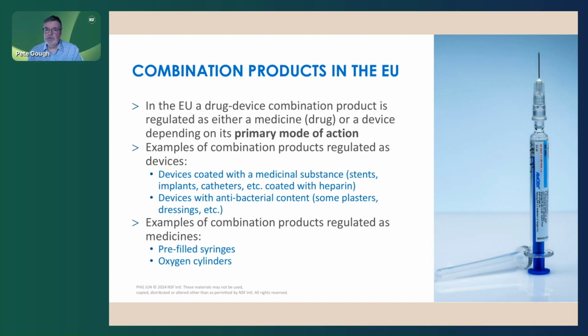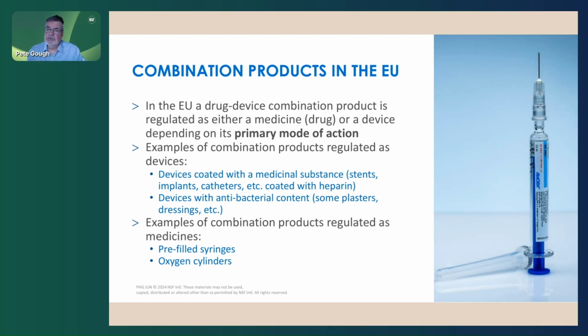So examples of combination products regulated as devices would be a device where a medicinal substance is added to it, but it's not the primary function of the device. The best example I can give you here would be a drug-coated stent, where the stent is the primary mode of action.